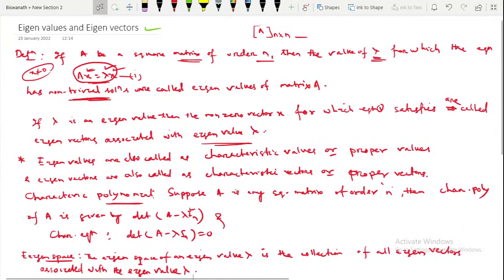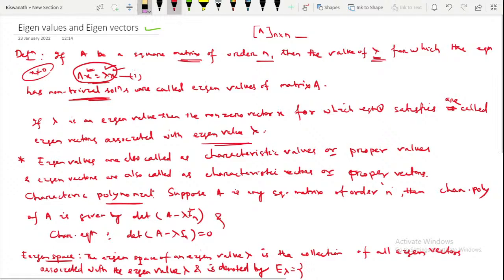So it is denoted by E lambda. E stands for eigenspace for eigenvalue lambda. This is the collection of eigenvectors.